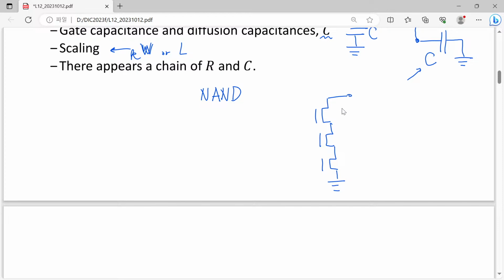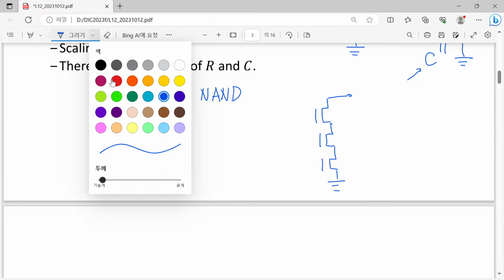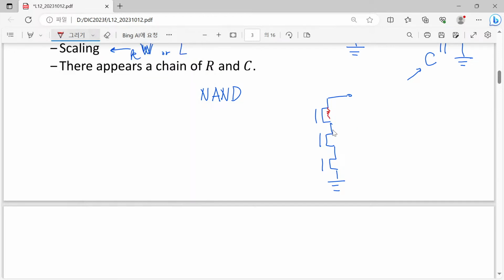Each of them contributes a resistance, and of course it has capacitance, also capacitance, also capacitance.